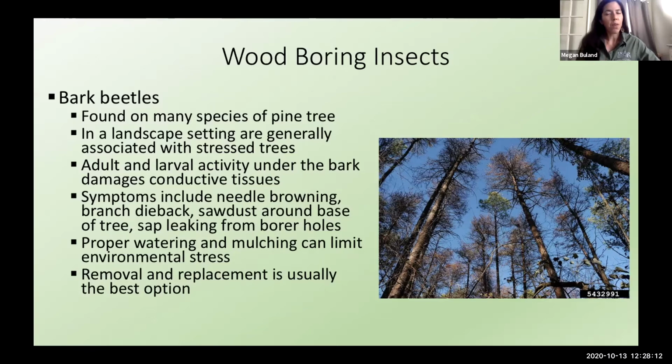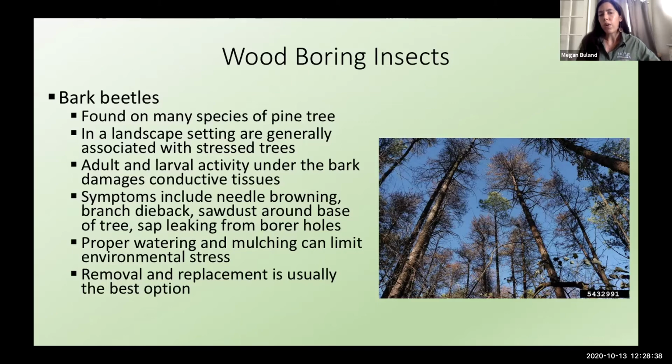There are a couple of exceptions that will impact some of our broadleaf trees, but bark beetles are primarily found on pine trees. And the symptoms include needle browning, branch dieback, and a lot of sawdust-like material coming from the bore holes on the trunk of the tree where the beetles have entered the tree, or where adult beetles have exited.